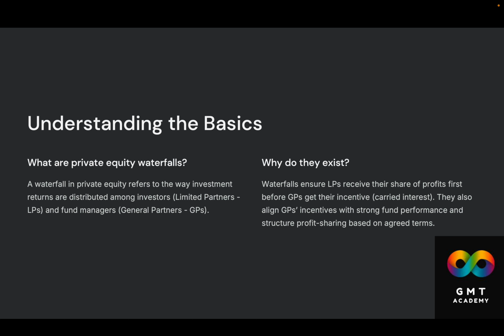Why? Because between LP and GP there is an 80-20 ratio. Before any profit is distributed to the GP, the LP should get the benefit of that profit first, and then it is distributed to the GP. Why?